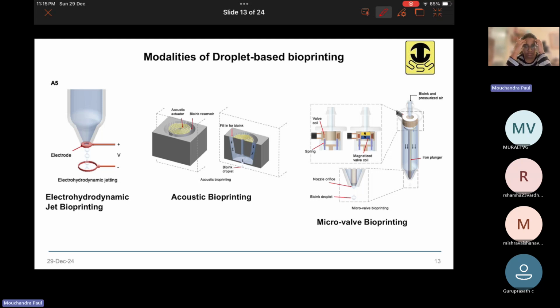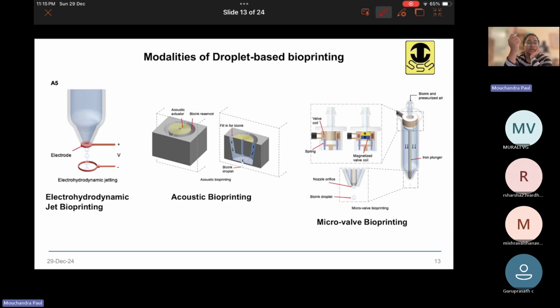Then you can use systems that do not use a needle or nozzle. All right. One example of that is the acoustic bioprinting technique, where you use gold rings arranged in a concentric pattern.